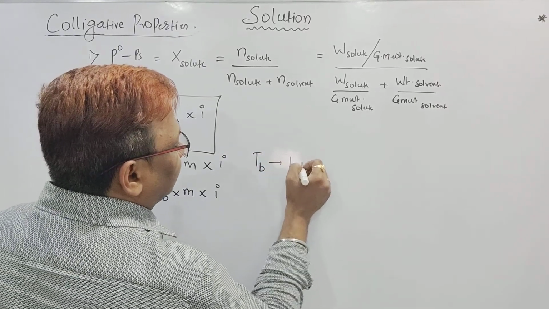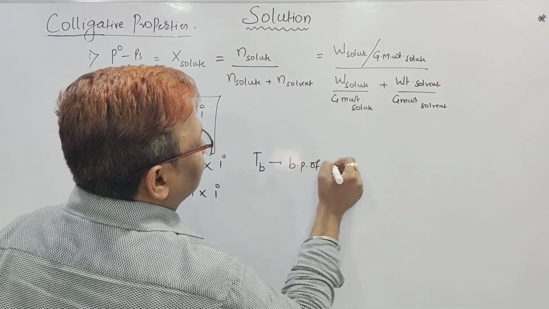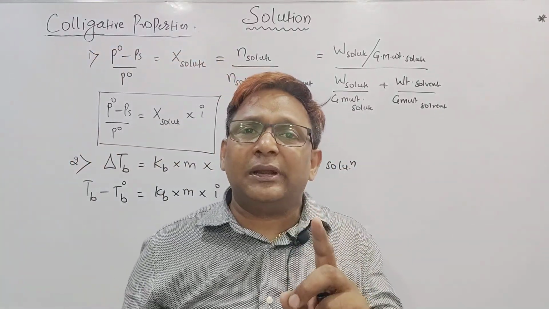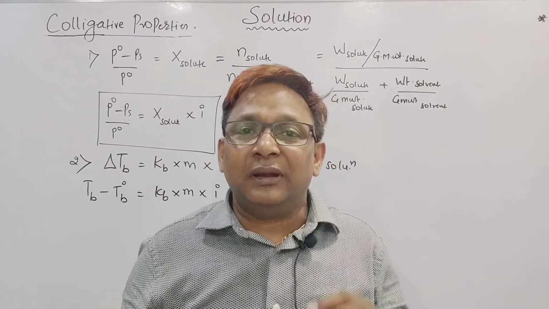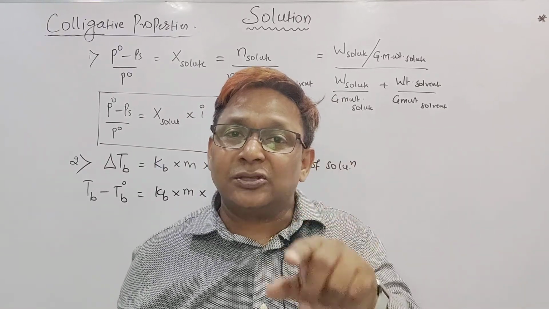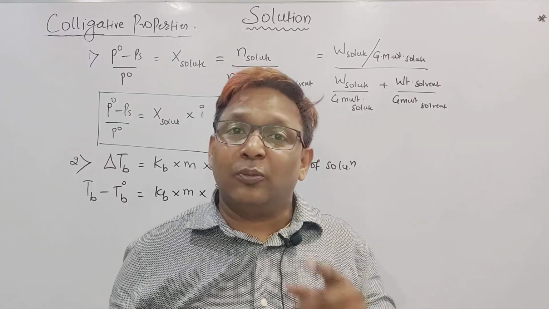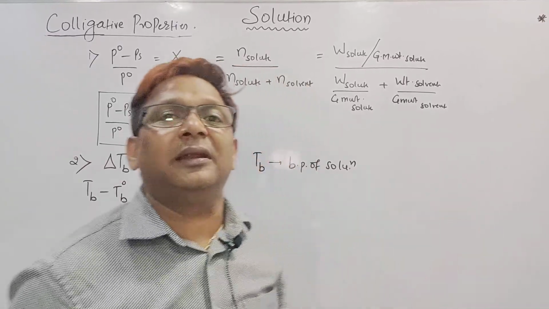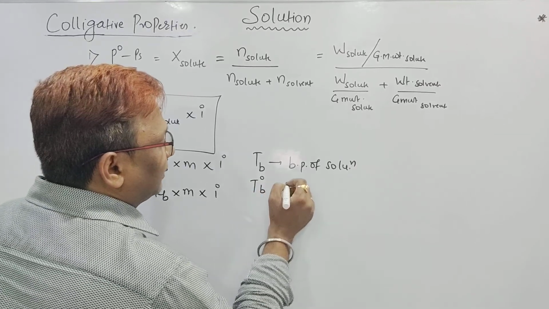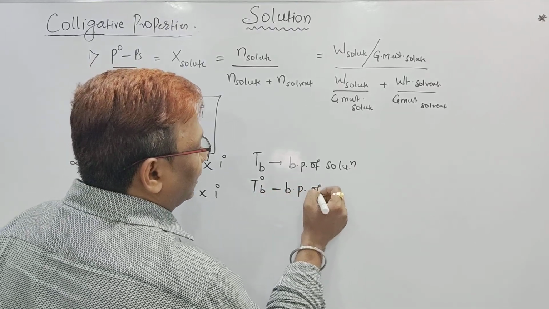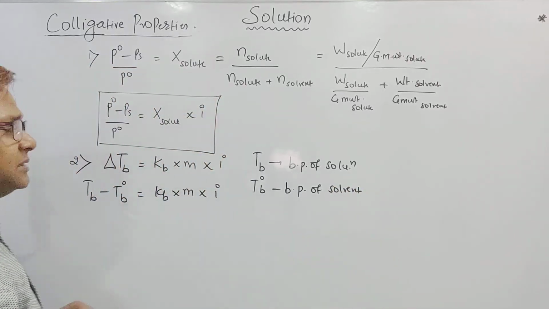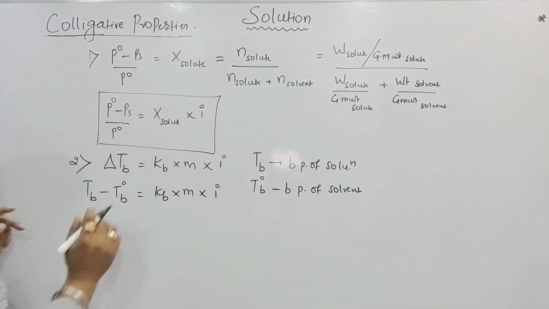TB is the boiling point of the solution. I told you, if water is pure, its boiling point is 100 degrees centigrade. But when you add salt as a solute, the water plus salt become a solution, and the boiling point of the solution will be greater than 100. So TB is the boiling point of the solution. And what is T0B, beta? It is the boiling point of the solvent, which solvent, pure water or anything else, into i.